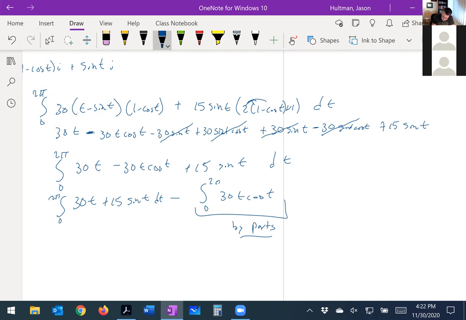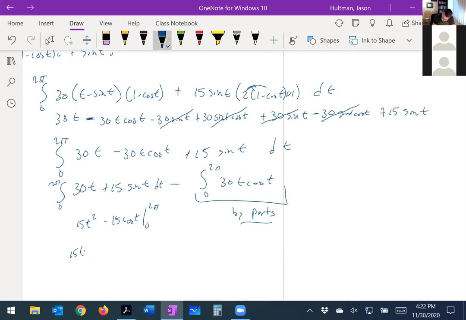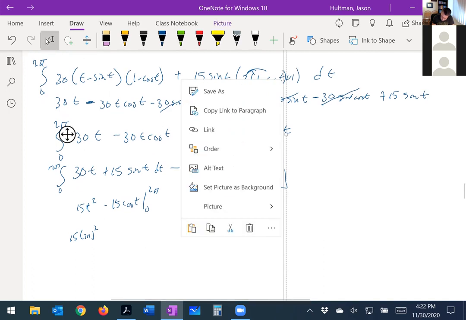So this is just going to be what, 15t squared, plus or minus 15 cosine t from 0 to 2 pi. So this is going to be 30 pi squared. No, this is 60 pi squared because it's 15 times 2 pi squared. So that's 60 pi squared.